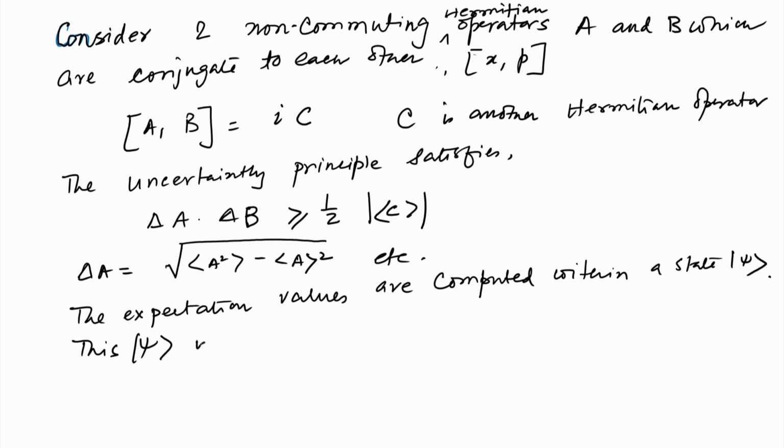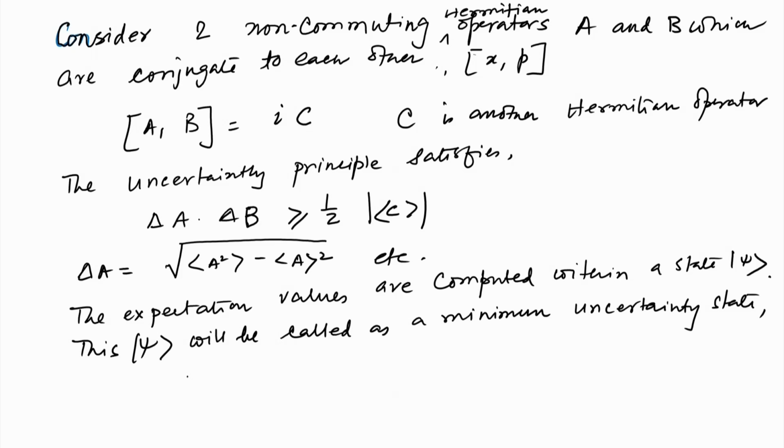This psi will be called a minimum uncertainty state provided delta A and delta B follow an equality rather than the inequality which appears here.